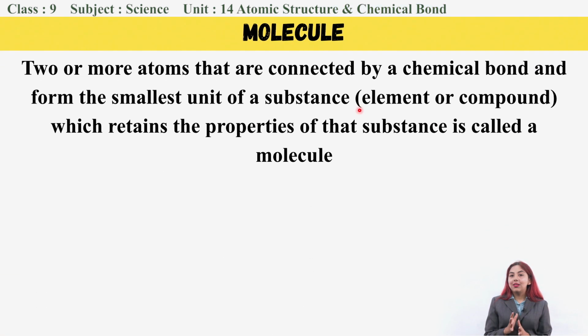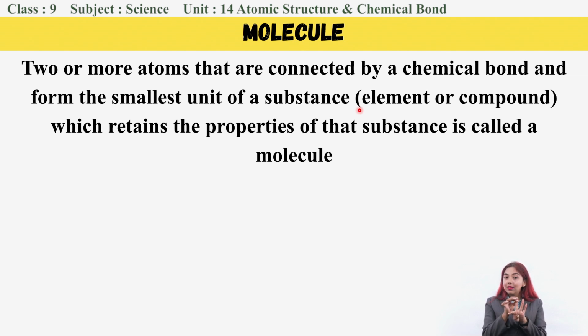So now let us study what a molecule is. A molecule is 2 or more atoms that are connected by a chemical bond and form the smallest unit of a substance. They can be an element or a compound, and it retains the property of that substance. So I have explained 4 things over here. The first thing is, a molecule consists of 2 or more atoms.